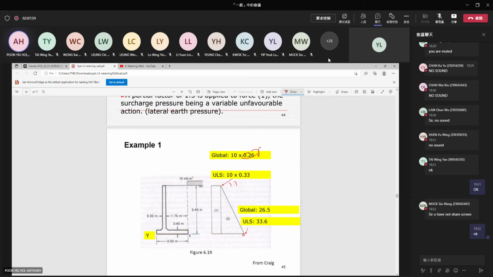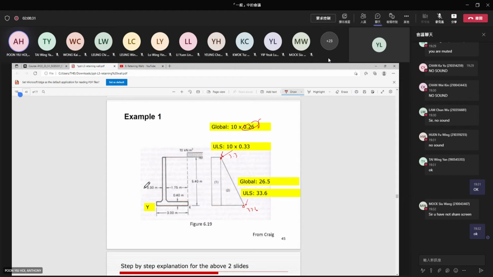So to simplify it, we just replace this point with 3.3 and this point with 33.6。你可以從頭嚟計過得嘅。But just to simplify it, the book just very quickly changes this value into 3.3 and this value into 33.6. And the rest is basically similar.